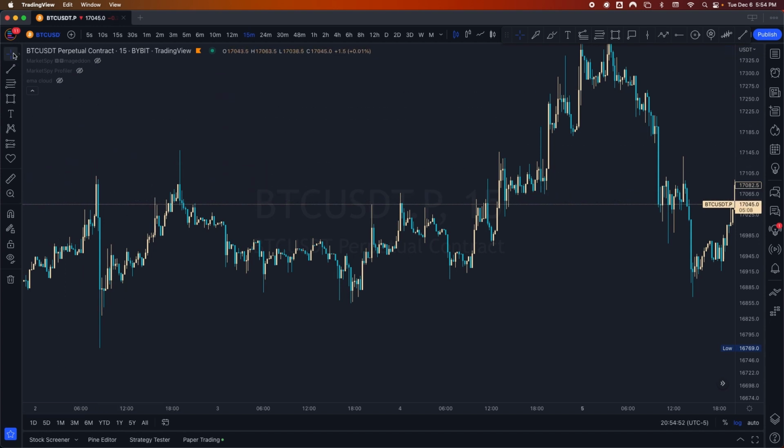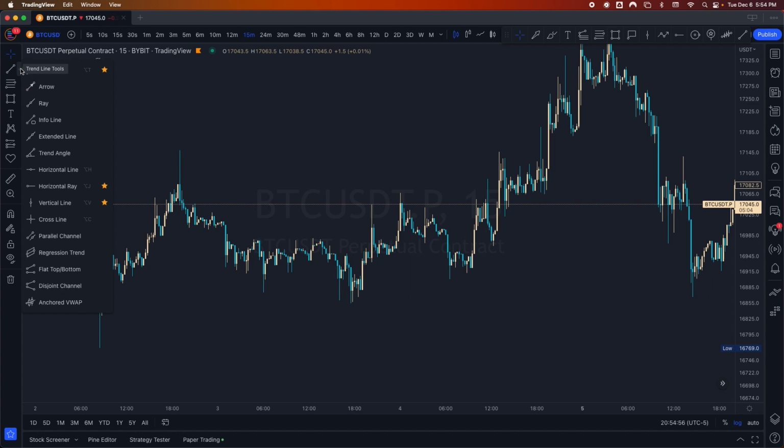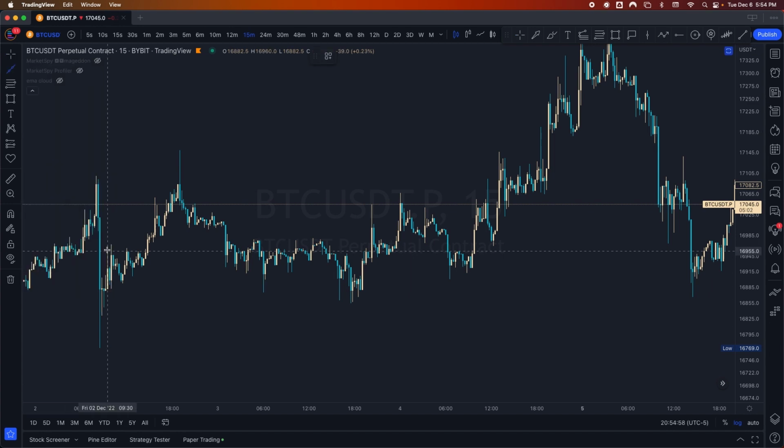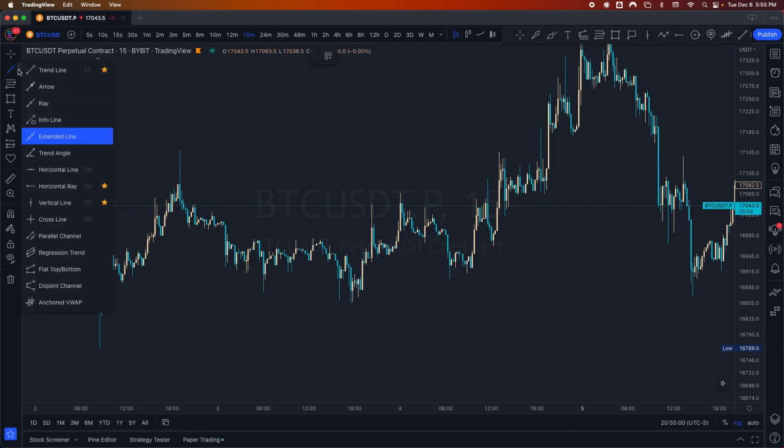But you come up to the top here, go to the second one down, and open it up because it might look like this. Right? And so you click that open and it's the very first one right here. And the reason why it has a star by it is once you start learning how to do technical analysis, you'll start to realize certain tools you use most versus ones you rarely use.